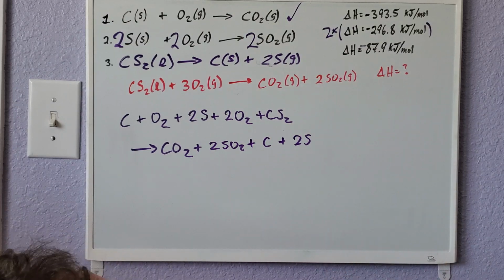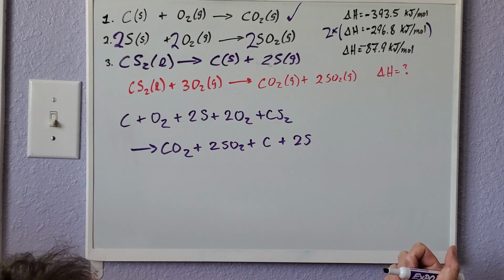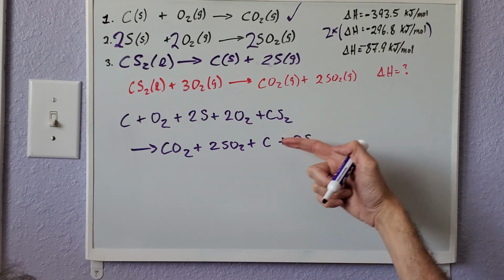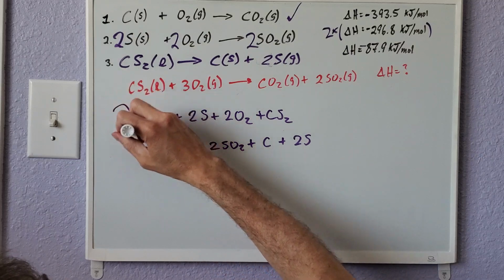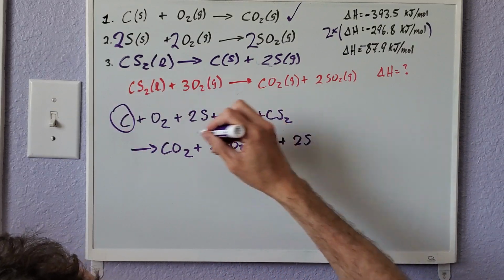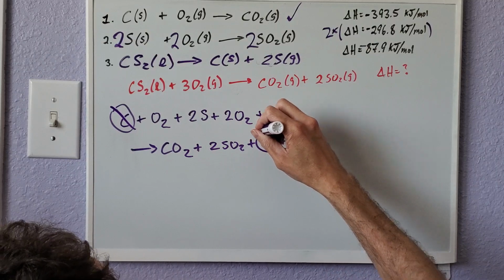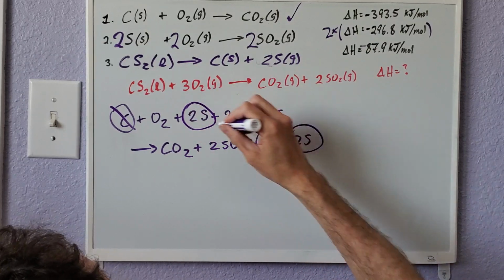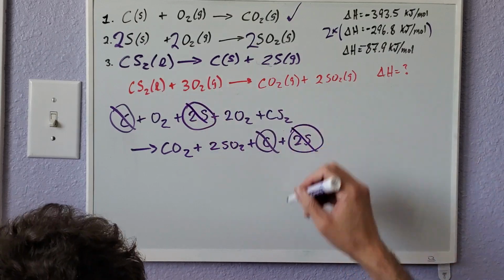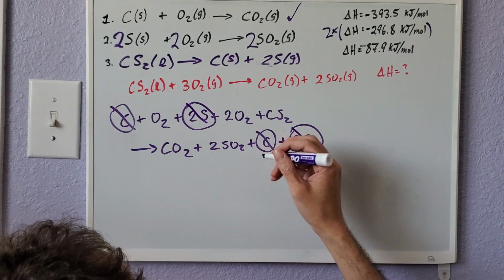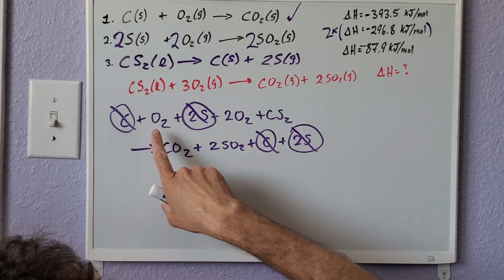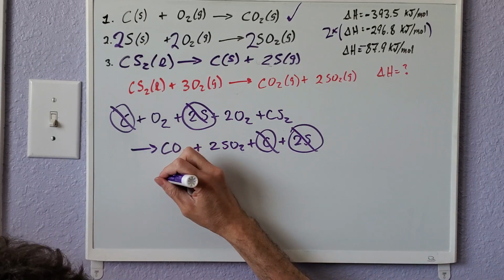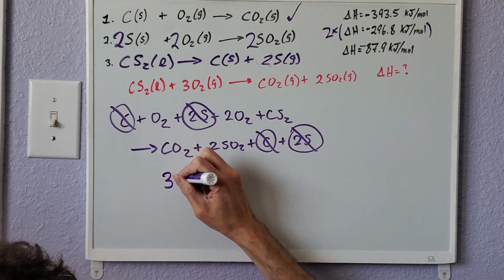The main reason why I told you to ignore your carbons and your sulfurs is because hopefully in the long run those will cancel out. As you can see here, we have a carbon here that becomes a carbon there, and so we can cancel those out because they did nothing. Same deal with our sulfurs here and our sulfurs there. They did nothing as well, so we can cancel those out. So in the long run, we have our O2 plus our 2 O2s, and so we end up with 3 O2s.